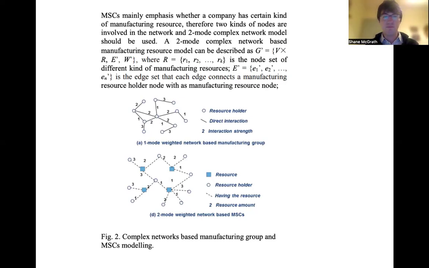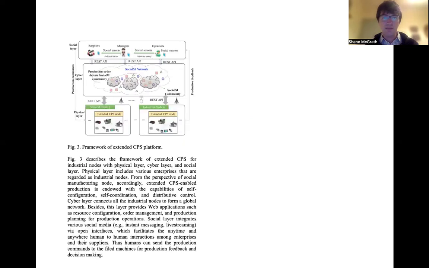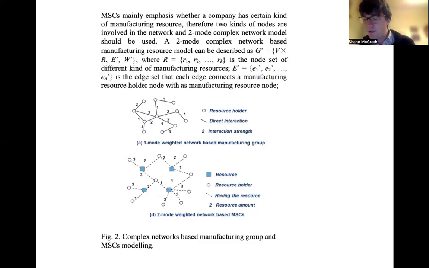From what I can gather, some resources have different levels, and some resources have just the holders. But both manufacturing groups and MSCs can be modeled with complex networks, whereas different kinds of complex networks should be applied.